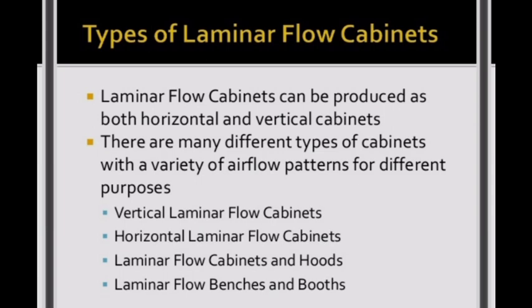Laminar flow cabinets can be produced as horizontal and vertical cabinets. There are many different types of cabinets with a variety of airflow patterns for different purposes. They are vertical laminar flow cabinets, horizontal laminar flow cabinets, laminar flow cabinets and hoods, and laminar flow benches and booths.